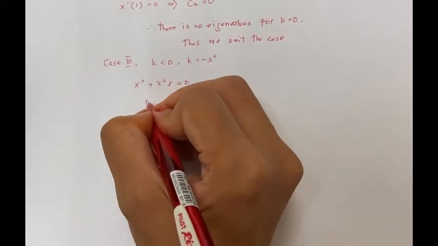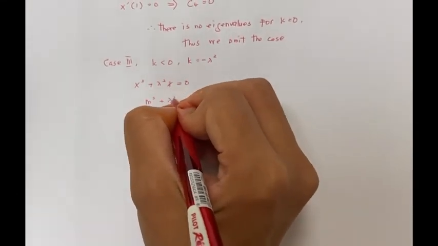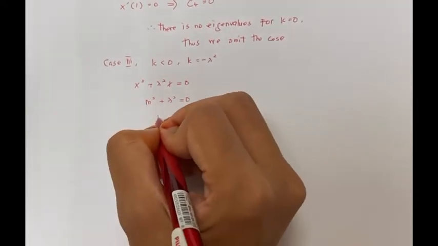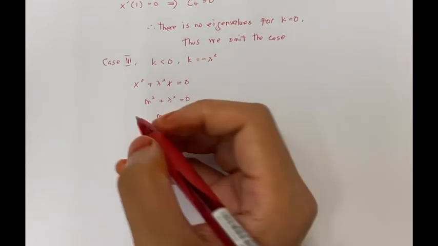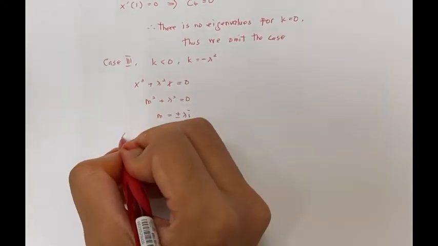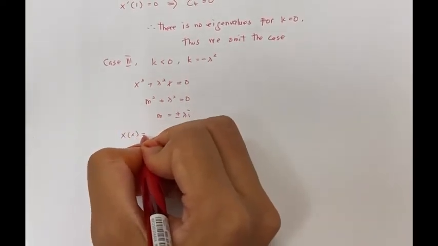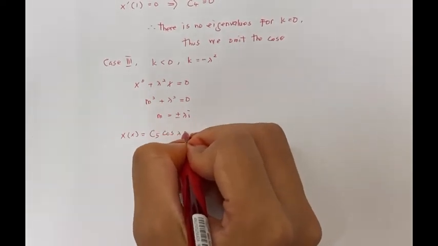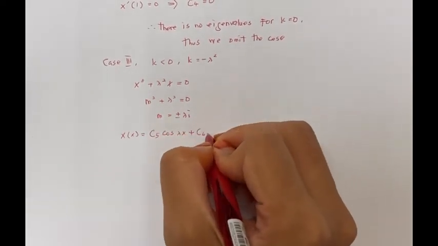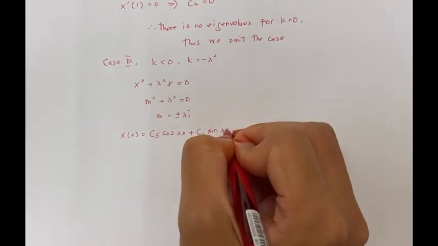So m square plus lambda square equal to 0, m is equal to plus minus lambda i. So the general solution for x is equal to c5 cos lambda x plus c6 sin lambda x.